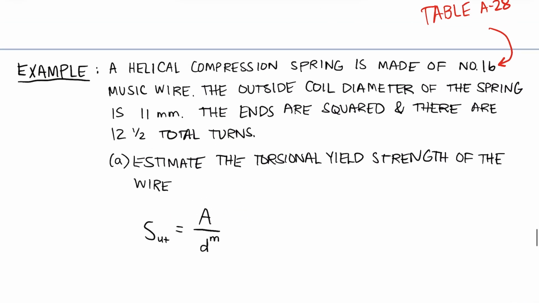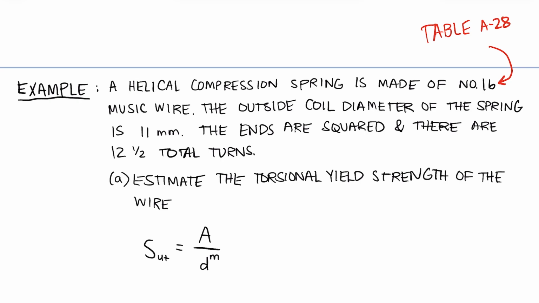From table A-28, I can find that gauge 16 wire is a diameter of 0.94 millimeters.